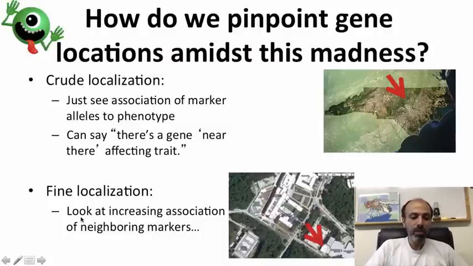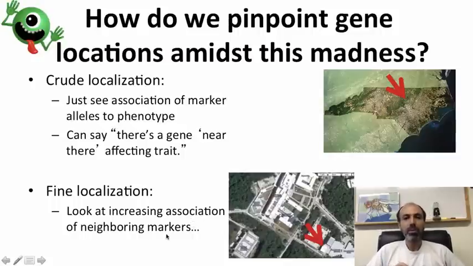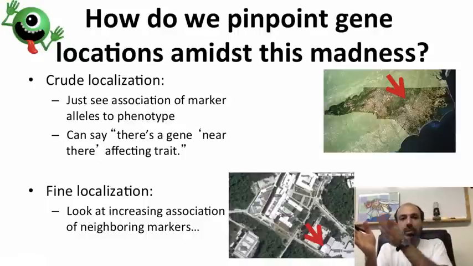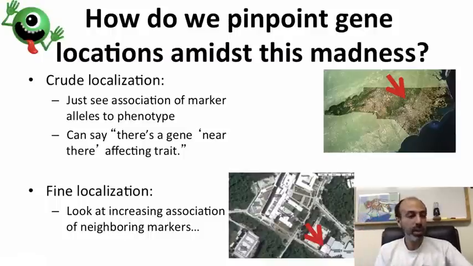So what we want to do is look at increasing association of neighboring markers. We're going to look at a trajectory of association. We'll look at markers in a sequence, and as we get closer and closer to the gene with variation affecting the trait, we should see stronger and stronger associations. Okay?